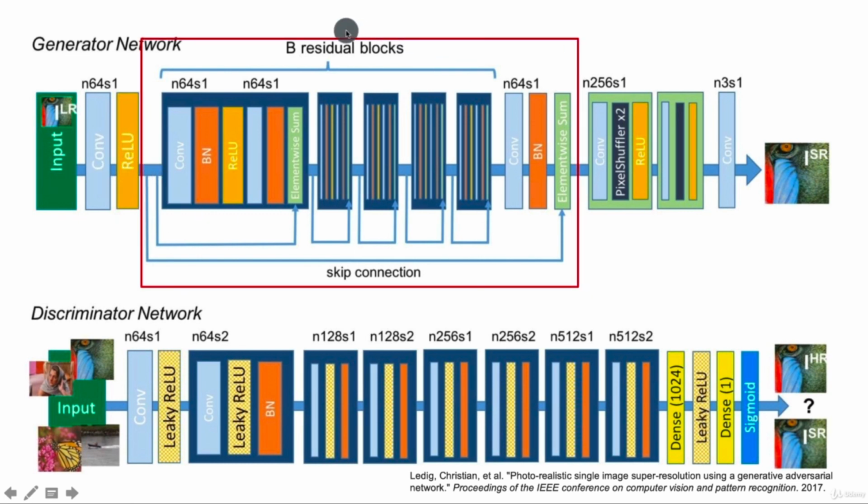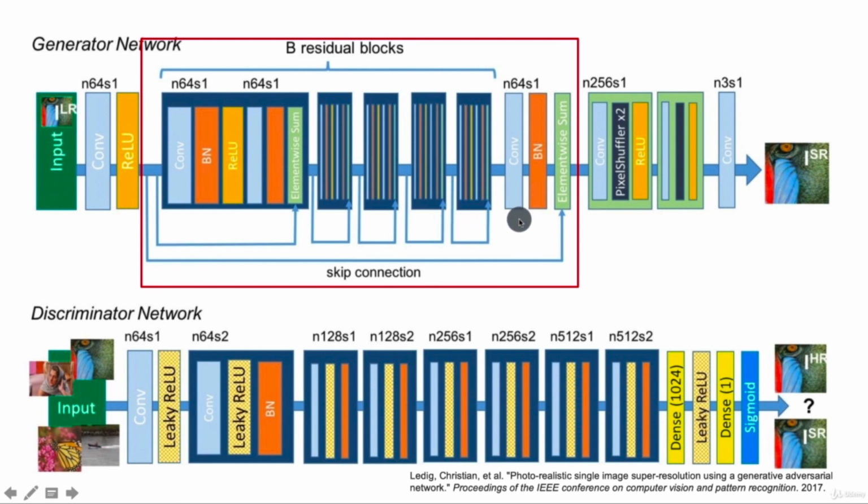After that you have B residual, big blocks, which consist of convolutional layers, batch normalizations, ReLU layers, and element-wise sum. You use several such residual blocks with skip connections, like in the ResNet architecture that was proposed for classification.